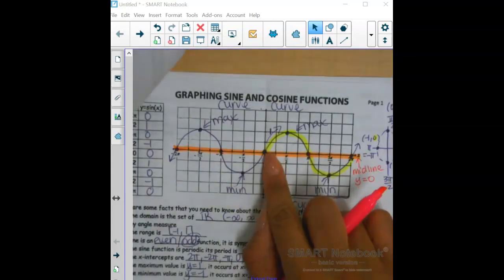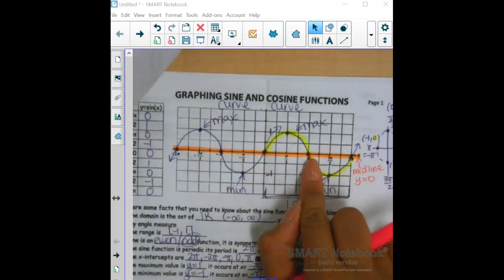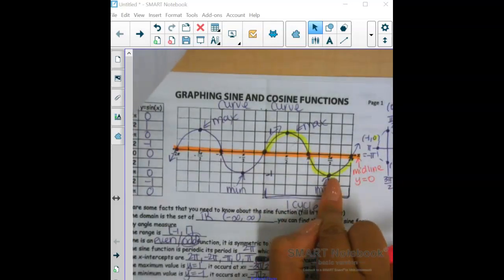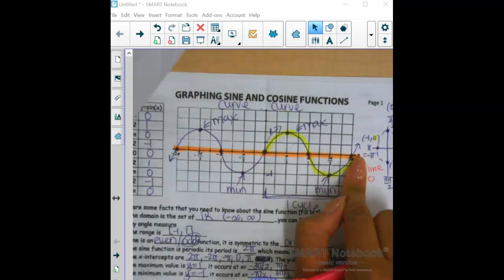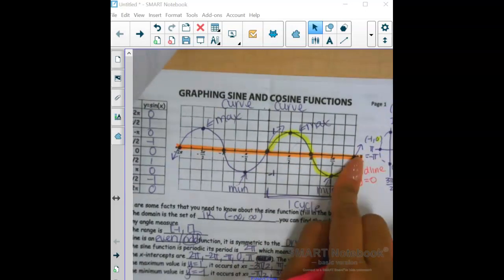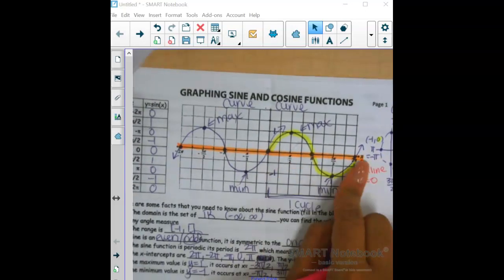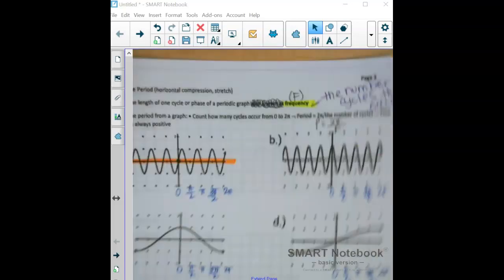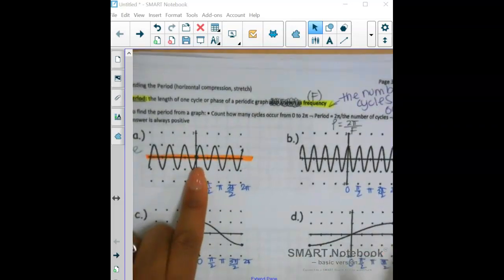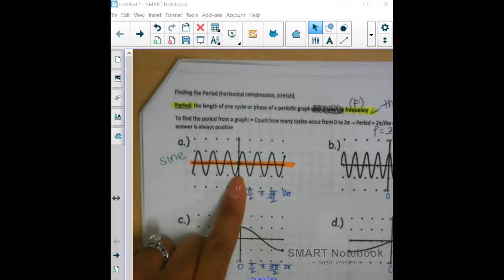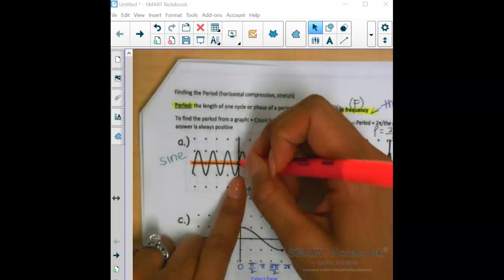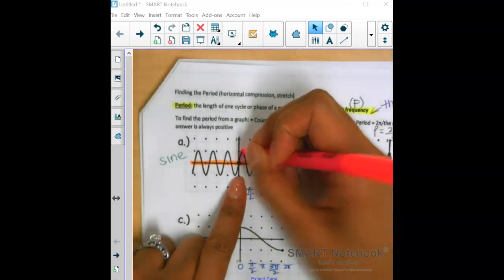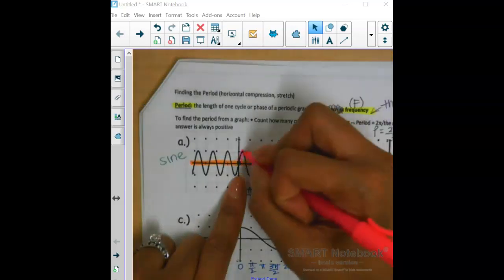It went from the midline up to the maximum, down to your midline, down to your minimum, and then back up to your midline. It touched the x-axis 3 times, so it technically had 3 x-intercepts on this side. When you graph this out, again, it should have 3 x-intercepts. So let's go through this. If it's starting from the x-axis, there's 1. It'll go up to the minimum or maximum.